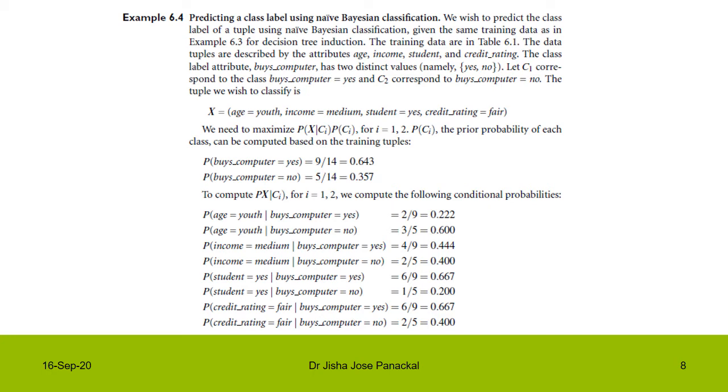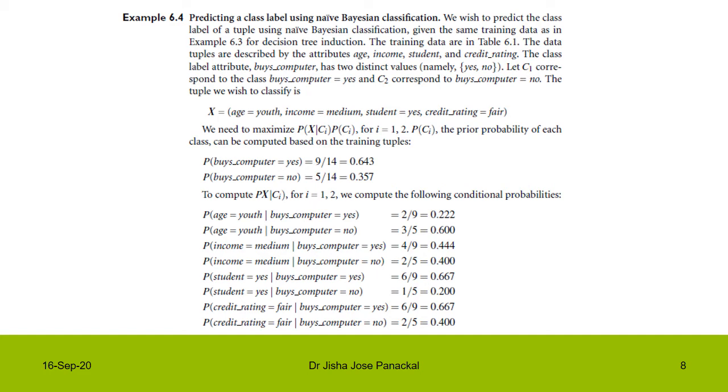To compute the probability of x conditioned on Ci for i equal to 1, 2, we compute the following conditional probabilities. We have to find the probabilities by using the equation, that is, the probability of age equal to youth. That is the conditional probability. Here we are considering the age attribute. When age equal to youth, given buys_computer yes, we have only 2 tuples in this particular youth category.